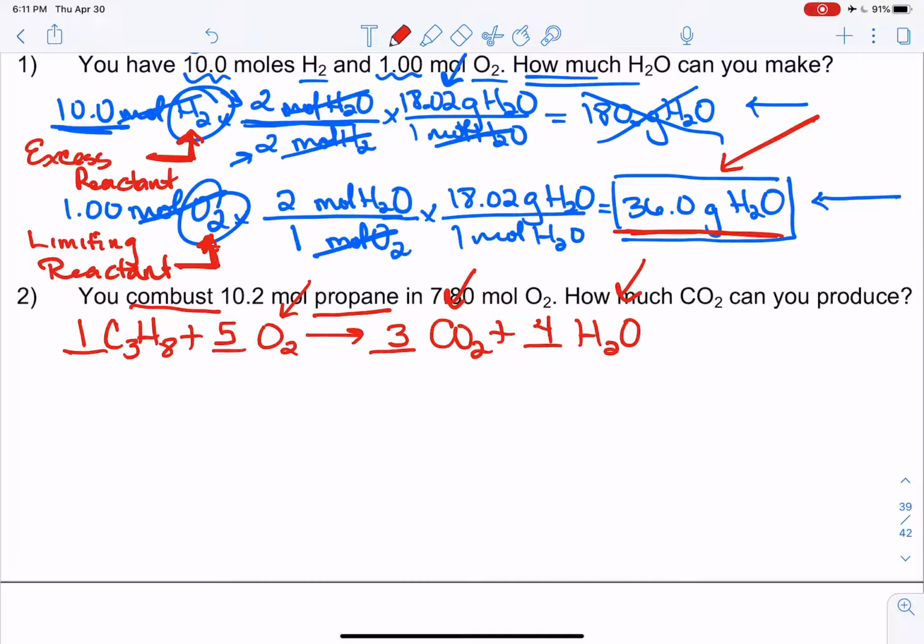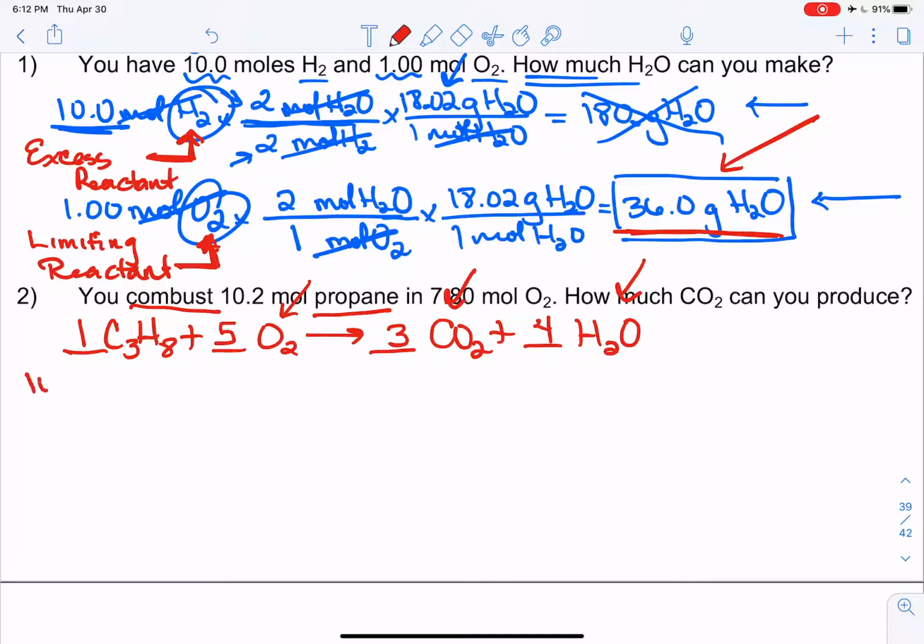All right, so we've got 10 moles of propane and we've got 7.8 moles of O2. And we need to figure out how much carbon dioxide we can produce. So we're going to go through the process we did in number 1 with the math, trying to figure out which one's our limiting reactant, which one's an excess, and how much product we can possibly make.